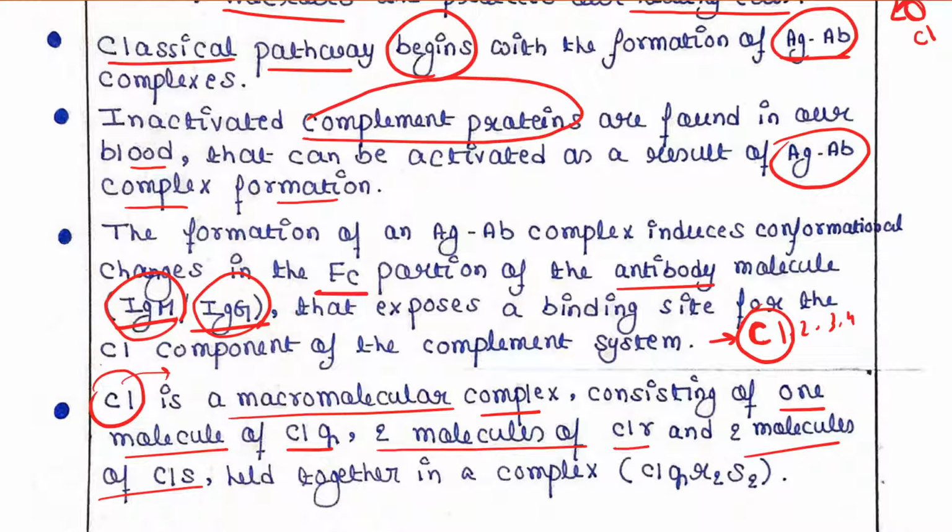Among them, one is Q, two are R, and two are S. These are different protein subunits held together in a complex. Hence, it is named C1qr2s2. Here, Q is single, and a pair of R and a pair of S subunits are present in this complex.